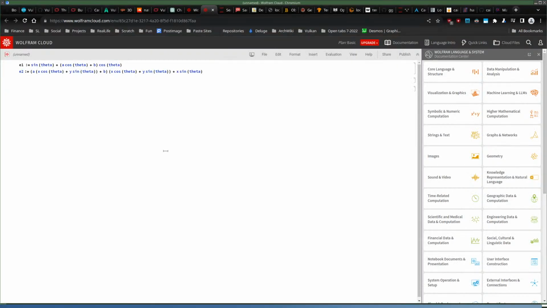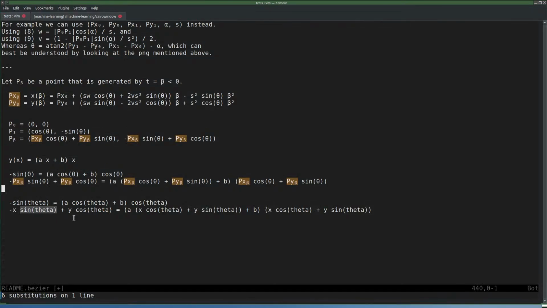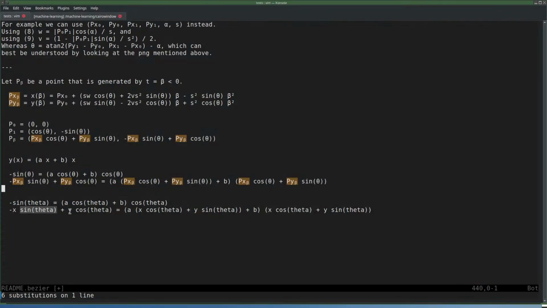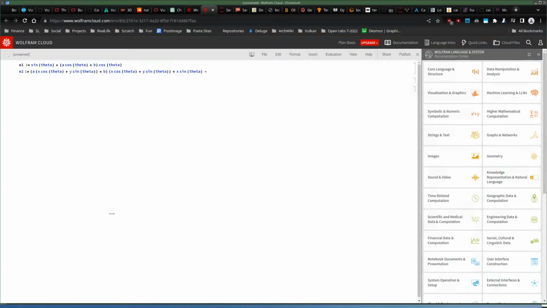X sine theta minus, yes, thank you very much, minus this, and then a precise here, RSI, rupture stress injury, and then paste. Okay. Now shift enter.